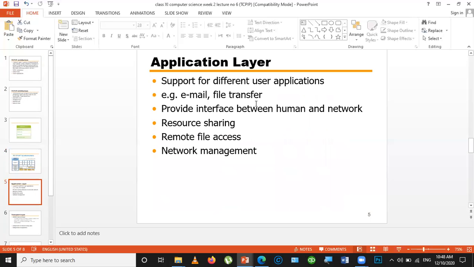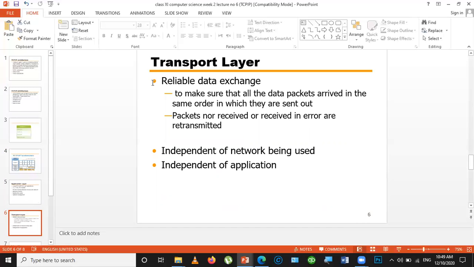Then we had a look at these layers one by one. The first one is the application layer, which is the interface between human and the network: resource sharing, remote file access, network management, etc. Then we looked at the transport layer, the next layer after the application layer, which handles reliable data exchange, packet receiving, error recovery, and flow of data.